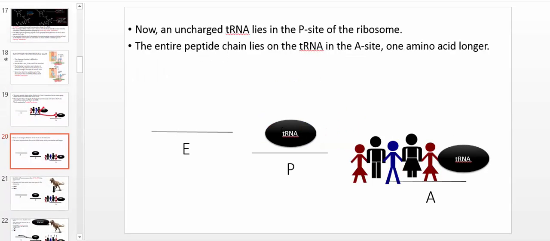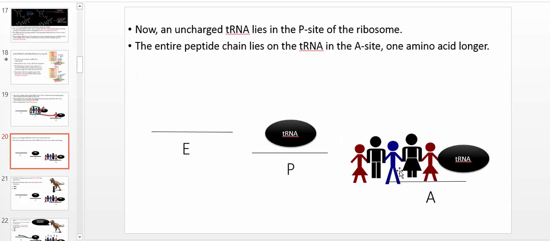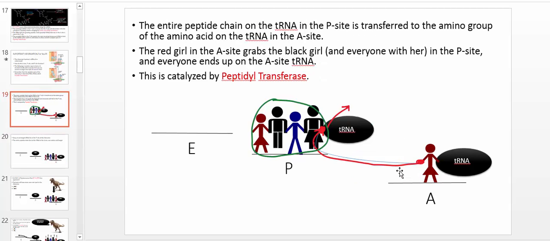The red girl is grabbing this whole chain of people through the black girl, and they are getting translocated onto this red girl. That leaves you a free tRNA in the P site, and everybody else is attached to the red girl in the A site. I hope you see how that works.